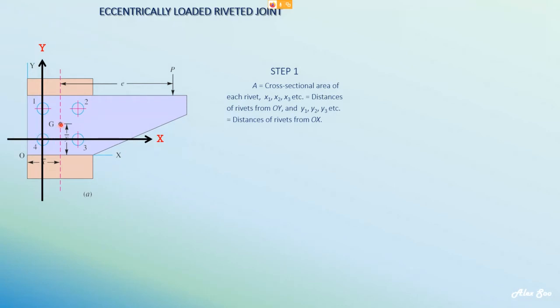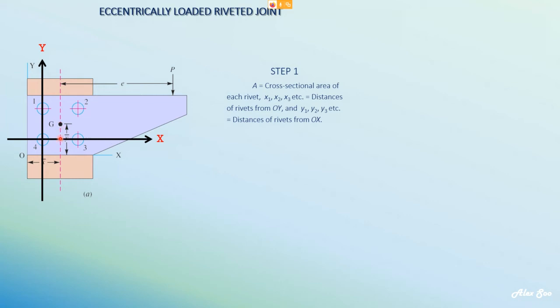Then you have to put a CG here for the whole riveted system. Initially, you have to estimate roughly the CG point here. The distance from the x-axis to the CG should be your y bar.